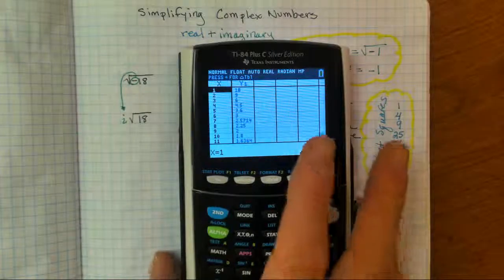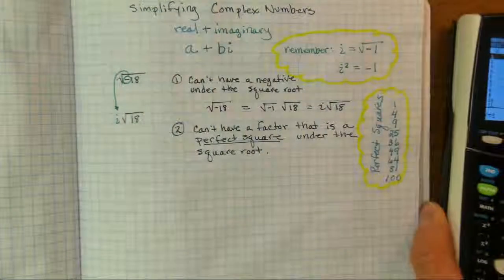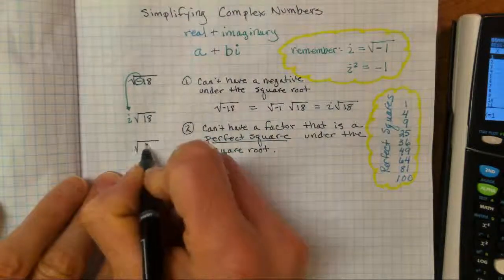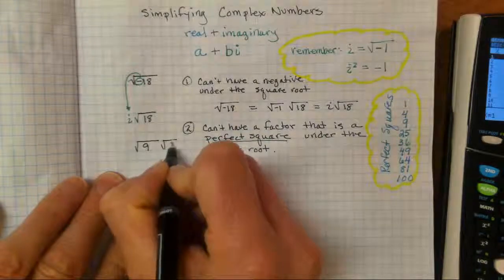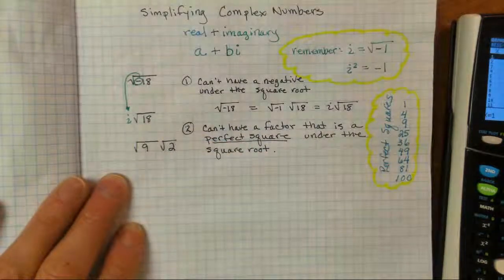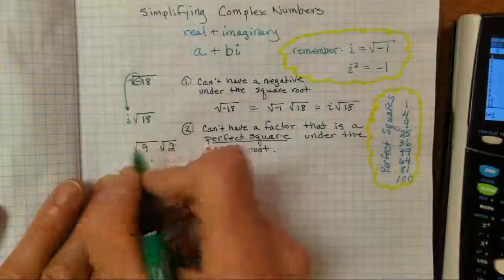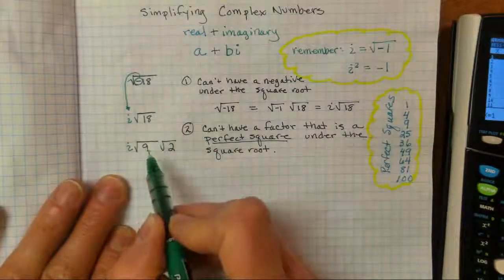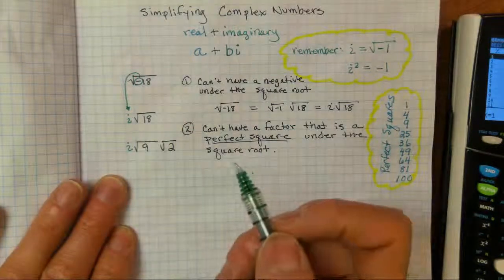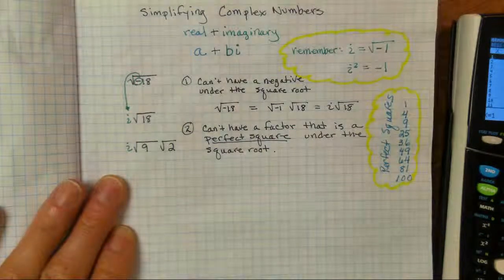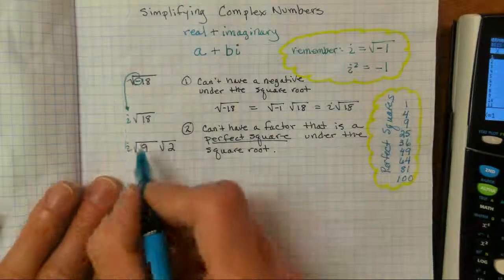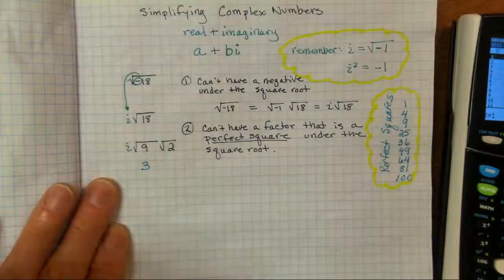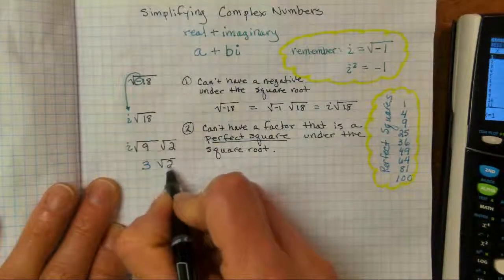So that means that the square root of 18 is the same as the square root of 9 times the square root of 2, and I don't want to forget my I that's in front. I typically like to put my perfect square first because then it doesn't get too confusing. So the square root of 9 is 3. The square root of 2 is just the square root of 2.